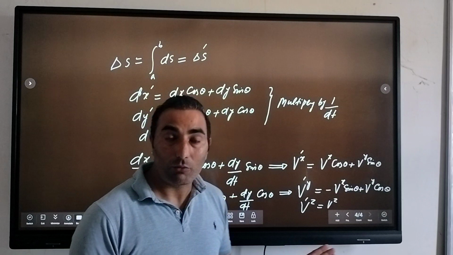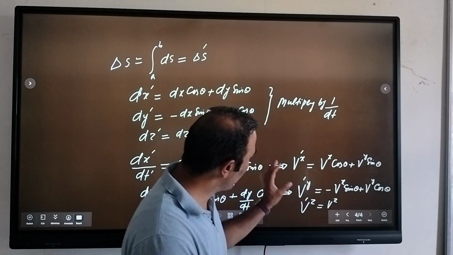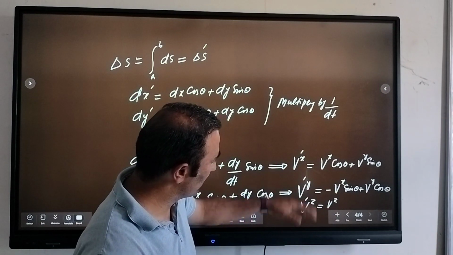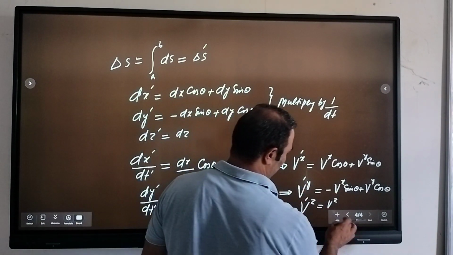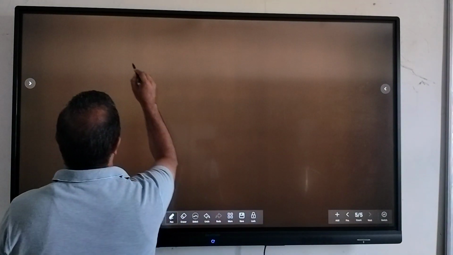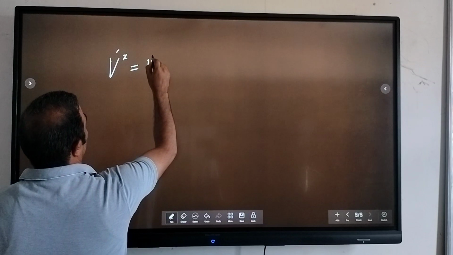Okay. Now what about these Newton's laws? So we have that F equal to ma. So let us again multiply this by 1 by dt prime. So I should get that x dash, right? So that means our vx prime equal to vx.